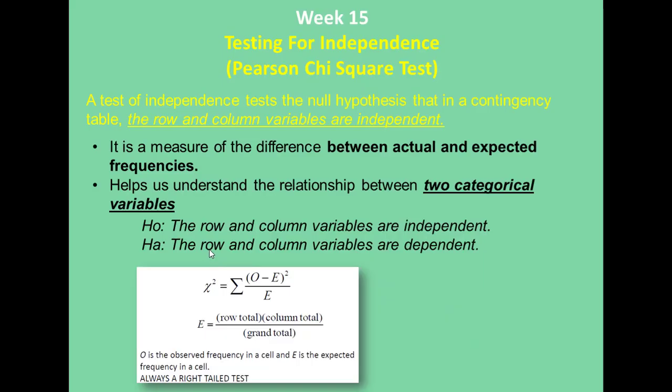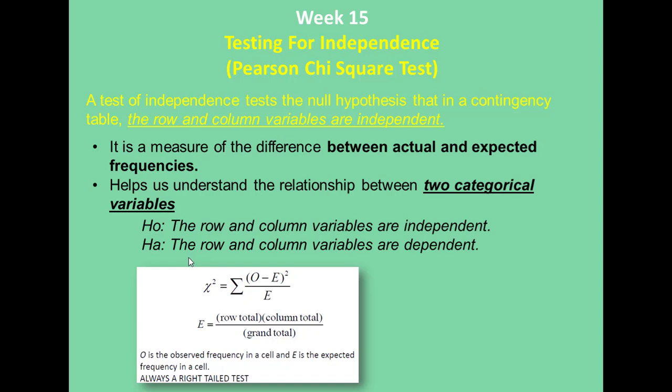Okay, so the last bit that we are going to do here is testing for independence. To do this, again, in your notes, you can go through the detailed notes where we use the Pearson chi-square test. The Pearson chi-square test is a test of independence. So it tests the null hypothesis that in a contingency table, the row and the column variables are independent.